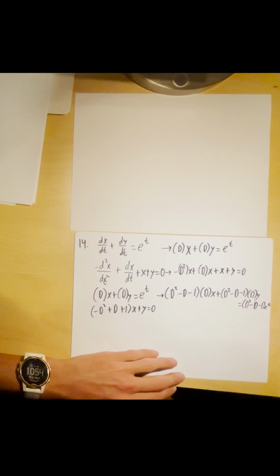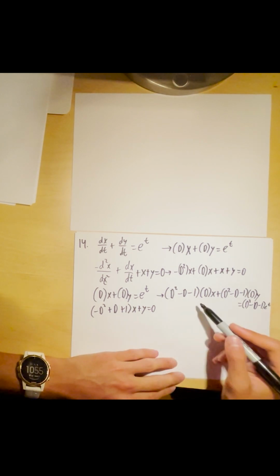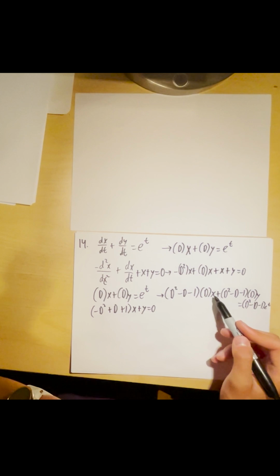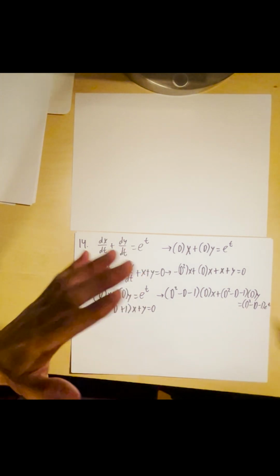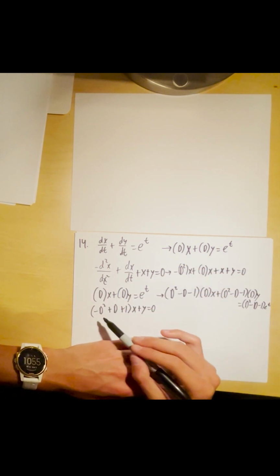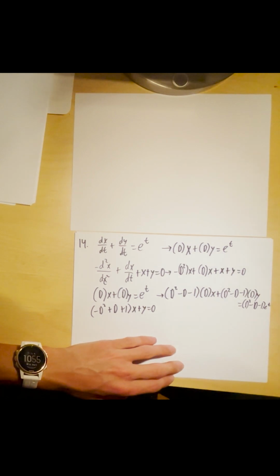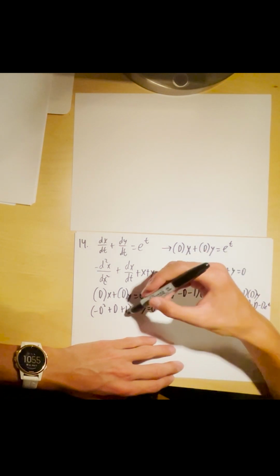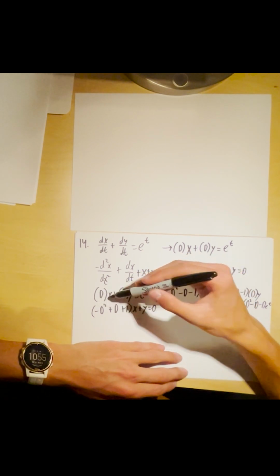Now on the bottom, I'm going to eliminate all the x and all of its derivatives first. I already multiplied the top by what's in front of the x on the bottom, and now I've multiplied what's on the bottom by the operator of x on the top.